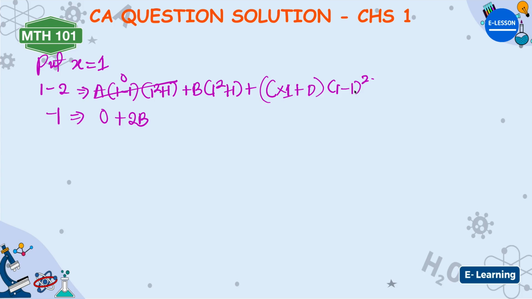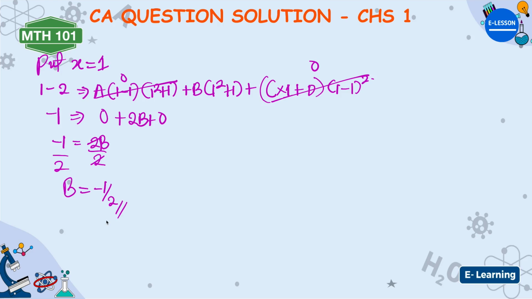Now, 1 minus 1 will give us 0. 0 squared is 0. 0 multiplied by everything here will turn out to be what? 0. So plus 0. So we can say minus 1 is 0 plus 2B plus 0. Of course, 2B plus 0, everything here will give us what? 2B. So divide both sides by 2. This cancels this. Our B, my dear student, is minus 1 over 2.